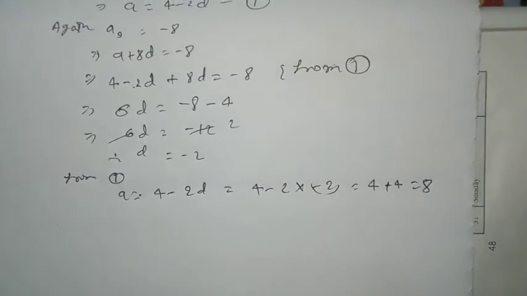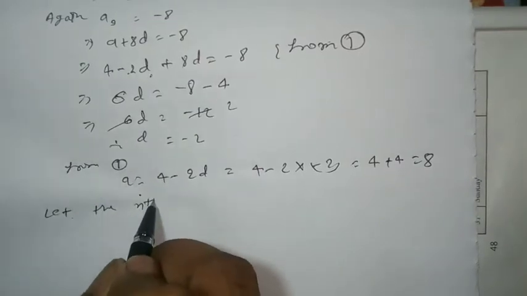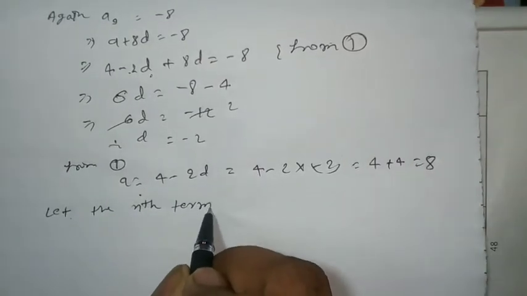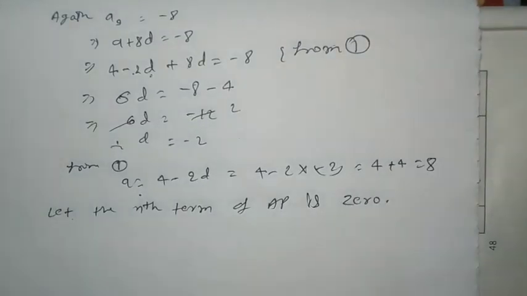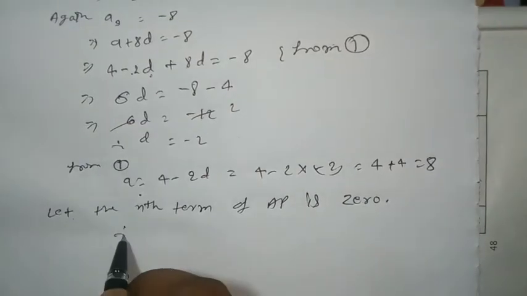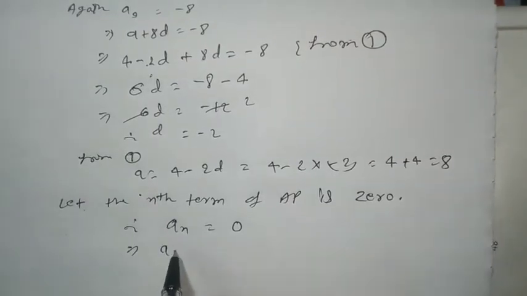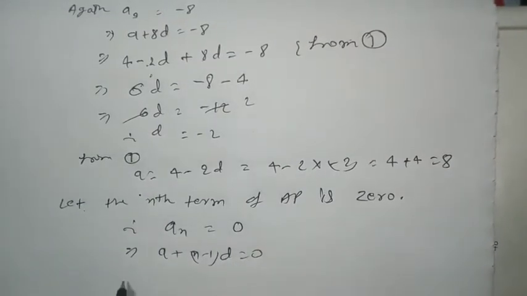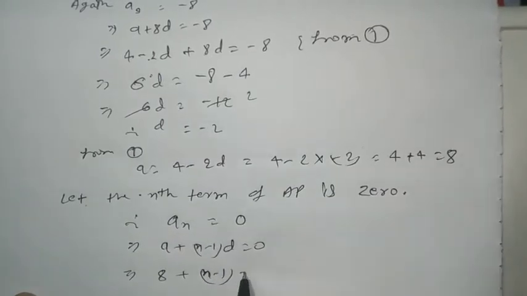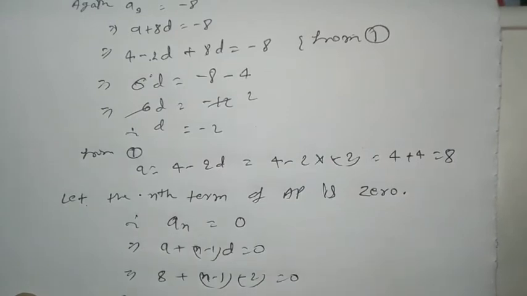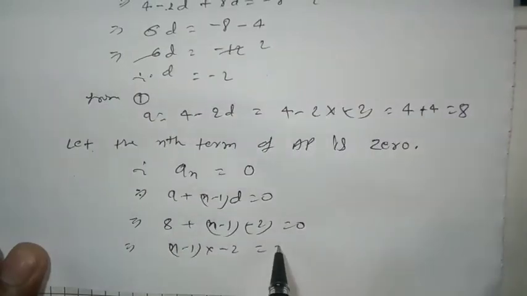Now let the nth term of the AP be 0. So An is equal to 0, implies A plus n minus 1 into D is equal to 0, implies 8 plus n minus 1 into minus 2 is equal to 0, implies n minus 1 into minus 2 is equal to minus 8.